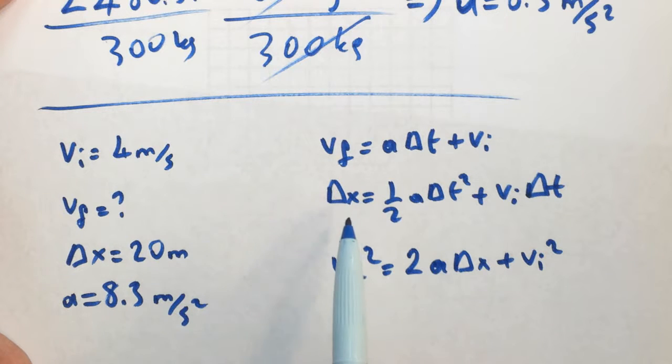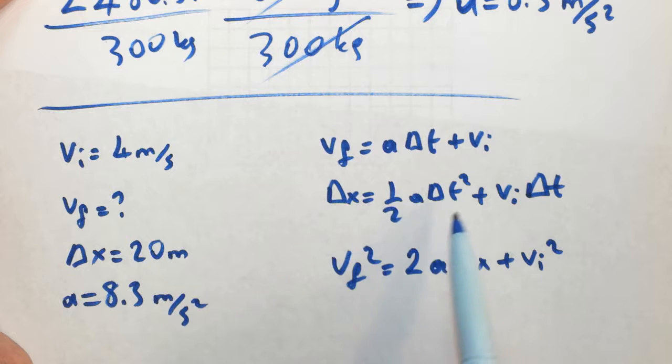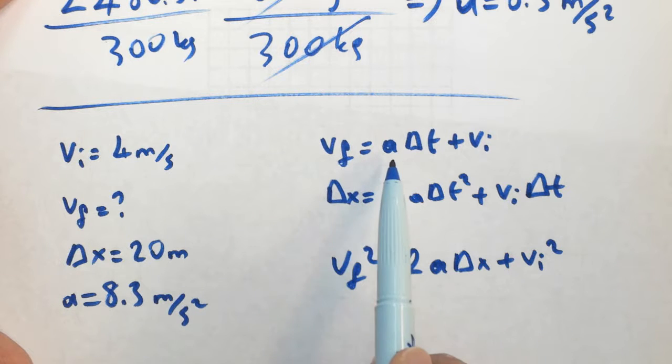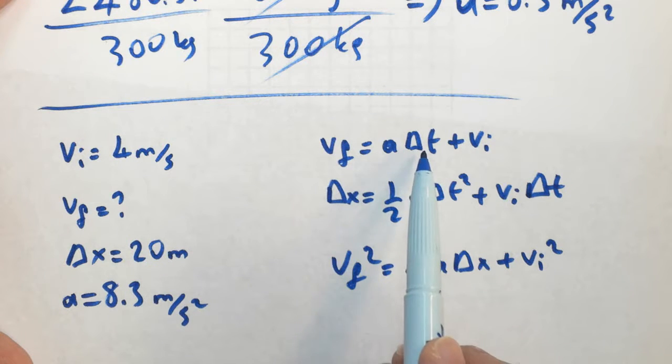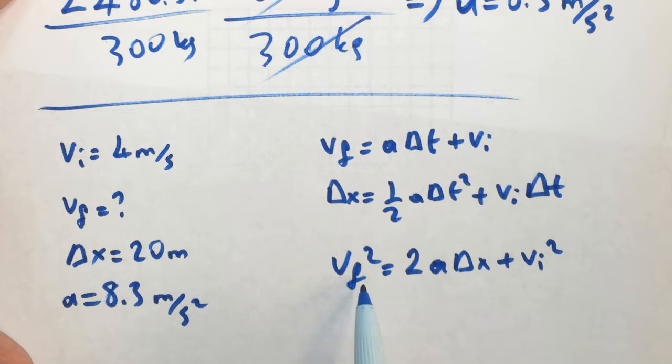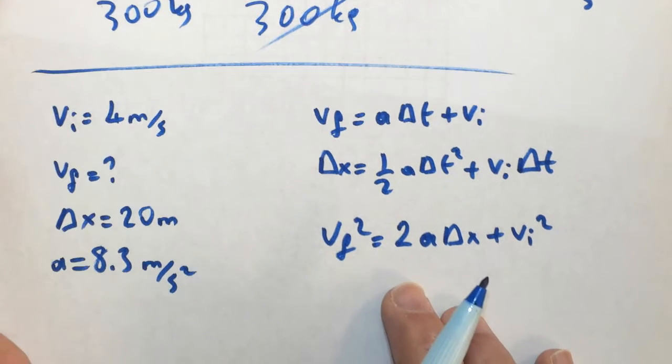Now we know delta x. Let's see if we can use this one or not. We are trying to find v final. Acceleration we know. Delta t we don't know. So there are two unknowns if we use this equation. So let's look at this one. V final we don't know. Acceleration we know. Delta x we know. Initial velocity we know. So we can use this equation.